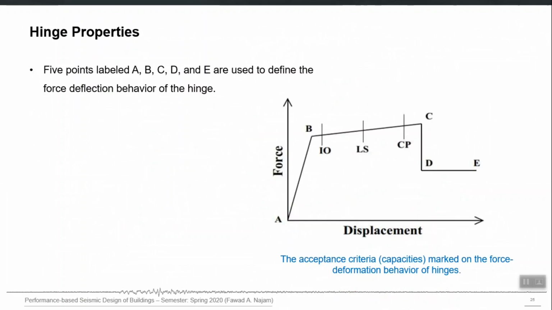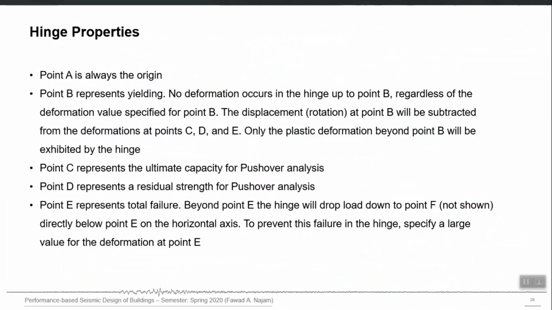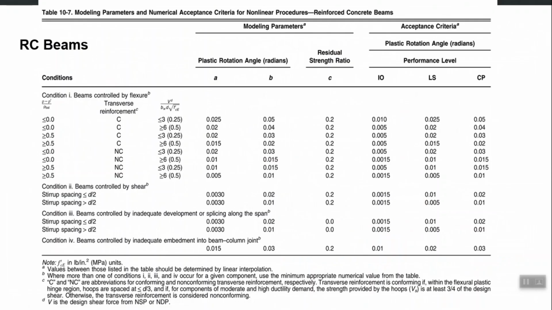So, now you already know what the features or inputs are that are required for a plastic hinge representing nonlinear action in a particular degree of freedom. So, this is that table, RC beams, table 10-7 from ASCE 41. You can see that it asks for a few inputs first. Let me highlight them.